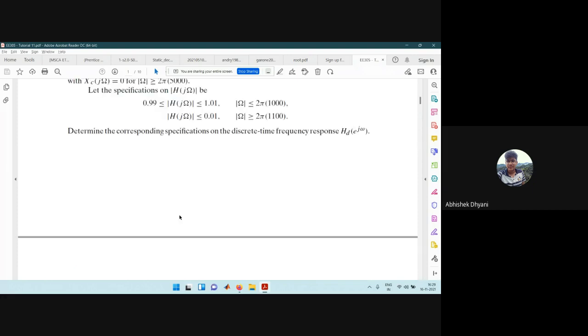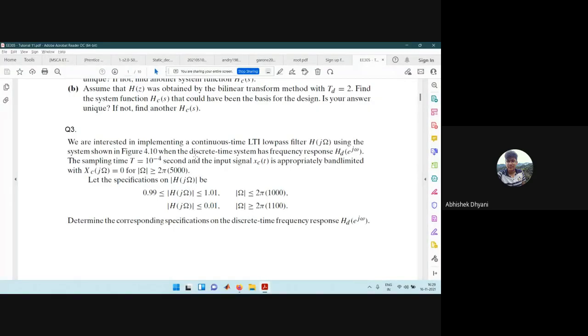Now what it is saying is that we want to implement a continuous time low pass filter, and we have been given the discrete time frequency response, which is given by this.